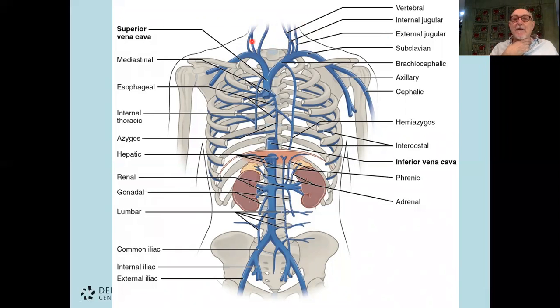And they flow down and enter these veins here, which are the subclavians. And you remember we saw subclavian arteries. And again, after the branches, they're called the brachiocephalics. All of them join into the superior vena cava.